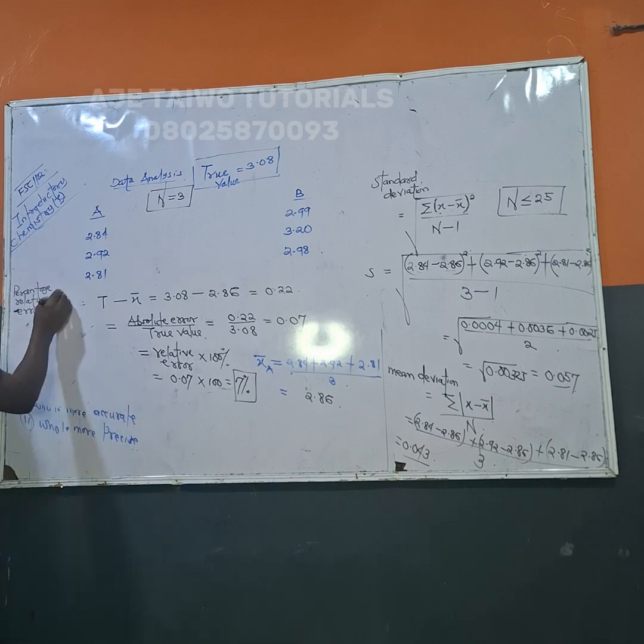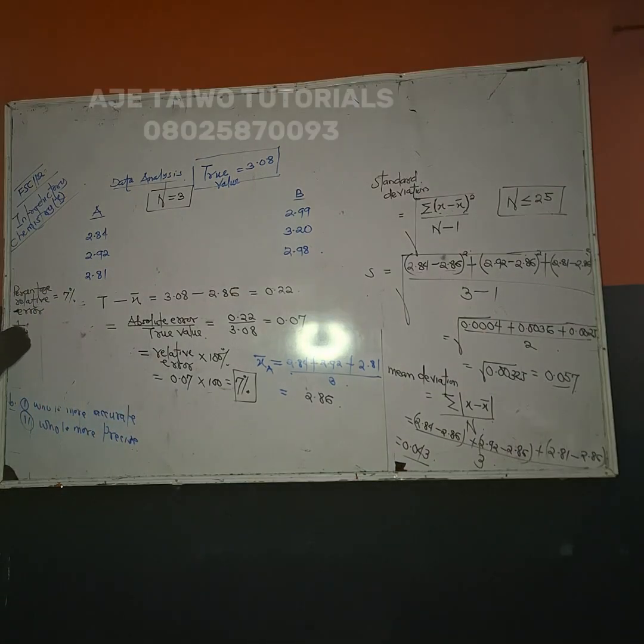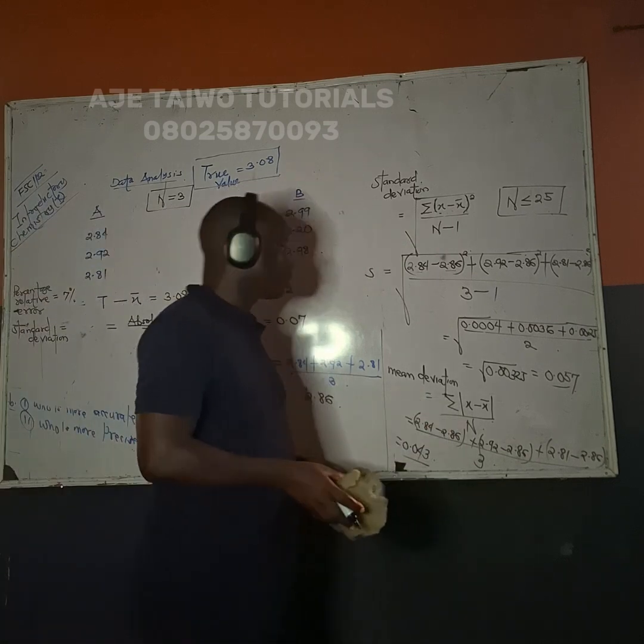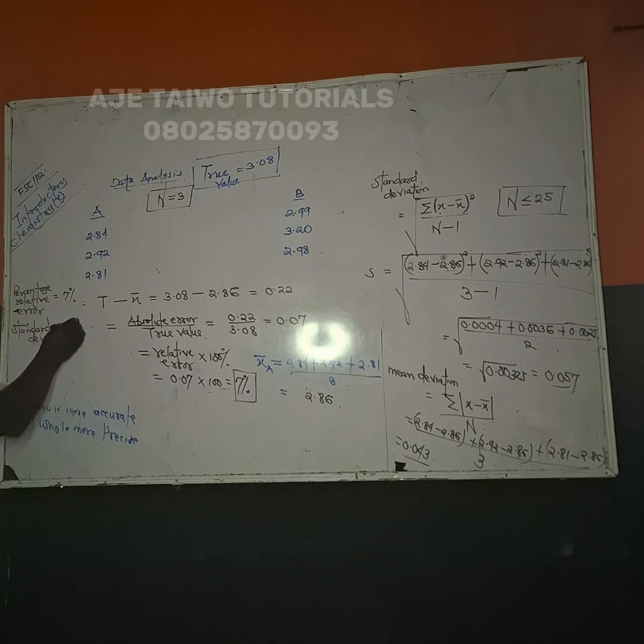We got 7%. The standard deviation for A, what did we get? 0.057. Let's keep this. This is for A. These are the two values we use to determine who is more accurate, who is more precise.